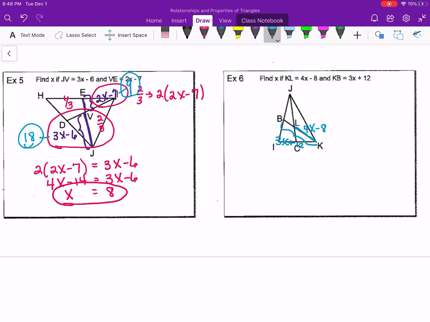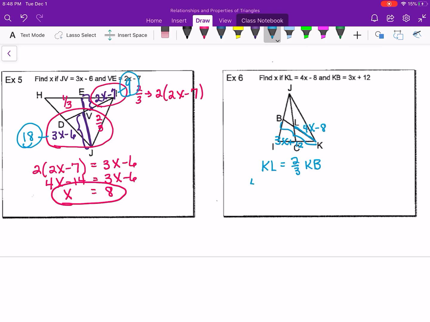So what we're looking at is an expression for the long piece, an expression for the entire median. I think we can use a formula for this one. The longer piece of the median, KL, is 2/3 of the way all the way across. That would be KB. Now let's substitute in the values.